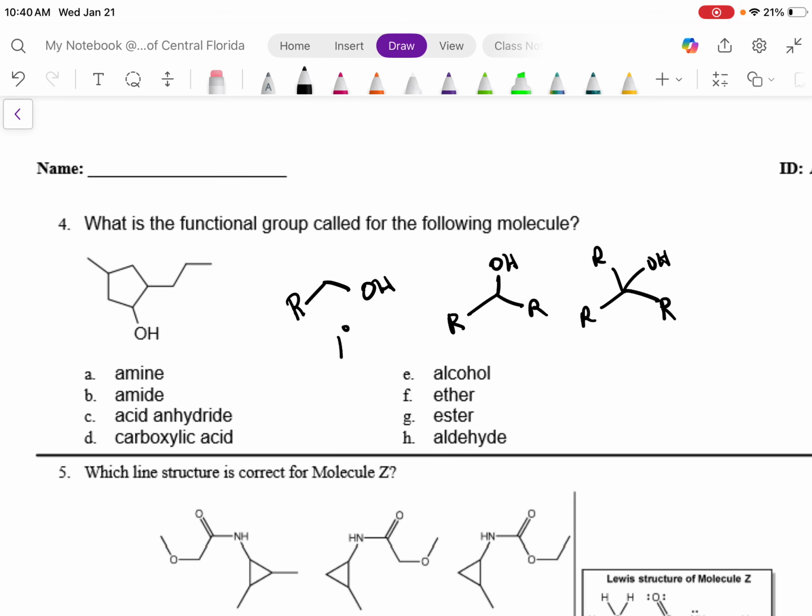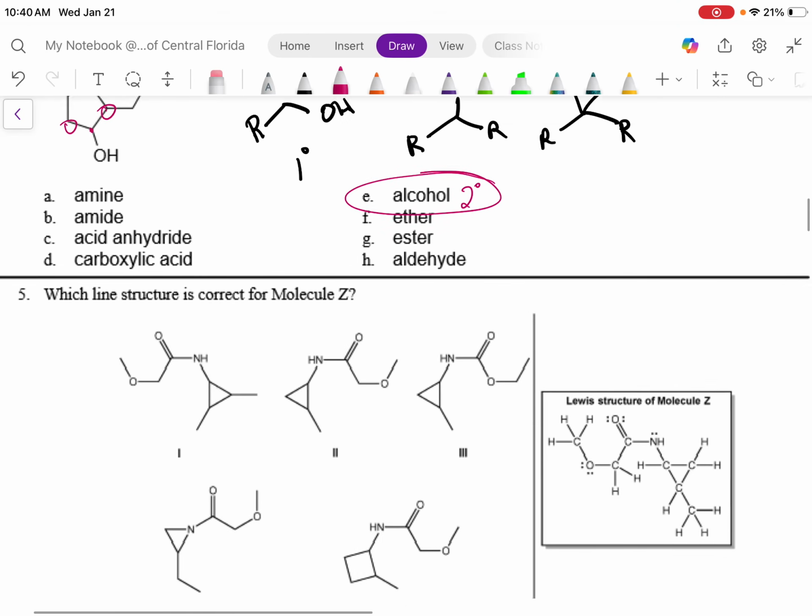Now, what type of alcohol do we have here? That would be a secondary alcohol. So E would be the correct answer. And being able to identify that as a secondary alcohol is also critical for your guys' success. Make sure you remember how to do that.